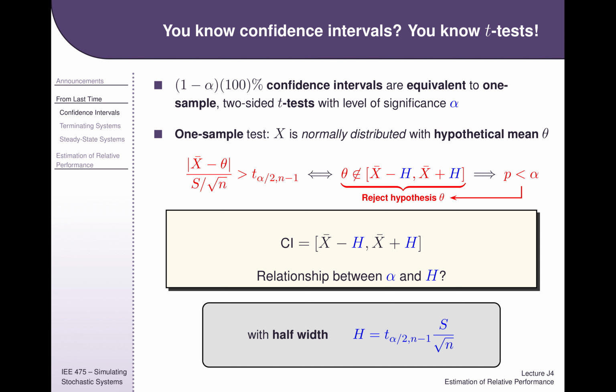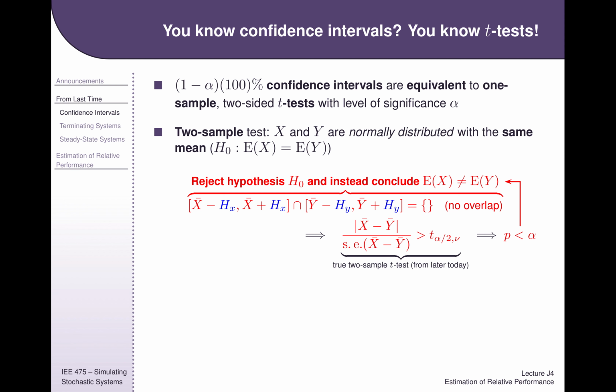So if alpha becomes small, the half-width becomes very large. On the flip side, if alpha is equal to 1, I reject all hypotheses. The only way I can reject all hypotheses is if the confidence interval collapses onto the mean. So in the limiting case where alpha is equal to 1, h is equal to 0. In the limiting case where alpha is equal to 0, h is equal to infinity.